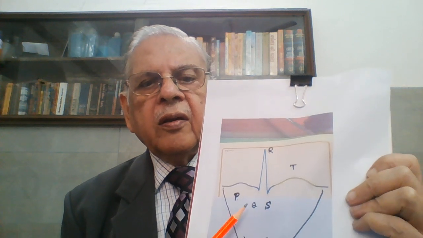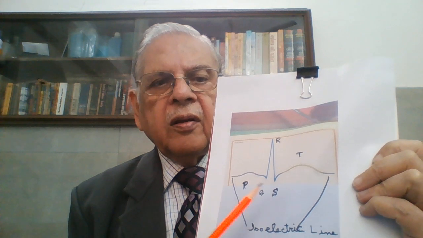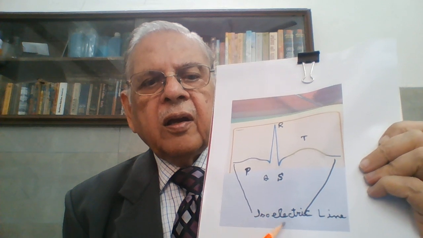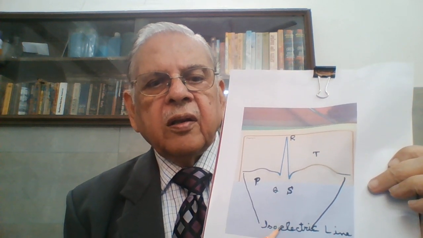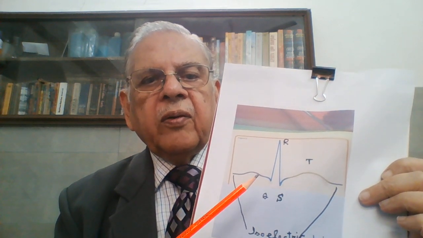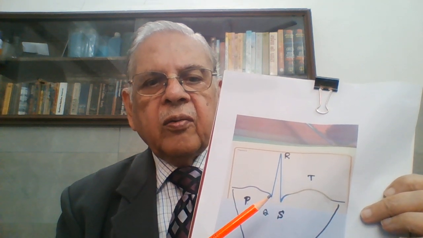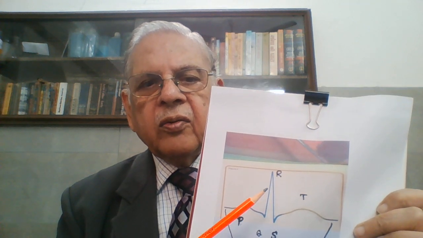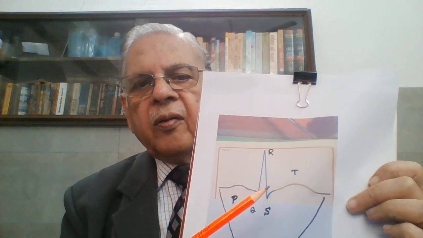Then let me also tell you that this line is called the isoelectric line or baseline. After the P wave deflection, it comes down to the baseline and then goes slightly downwards, then comes back and then goes right up to this end and comes down.